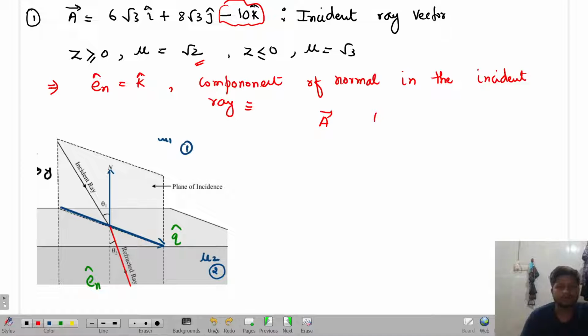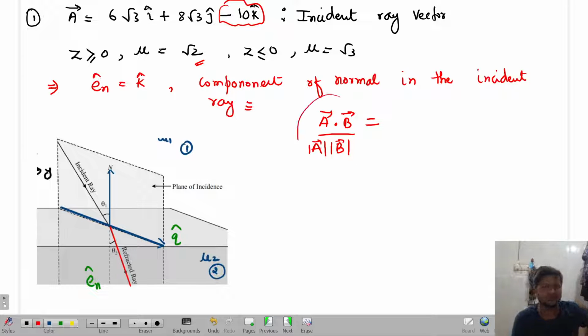You are going to take A dot B, divided by the modulus of vector B, and again the modulus of vector A. This is going to give you cos theta, that is, how much component of one vector lies along another vector. Understood or not? For this only, the dot product is there. The dot product says that you can calculate the component of one vector along another vector.